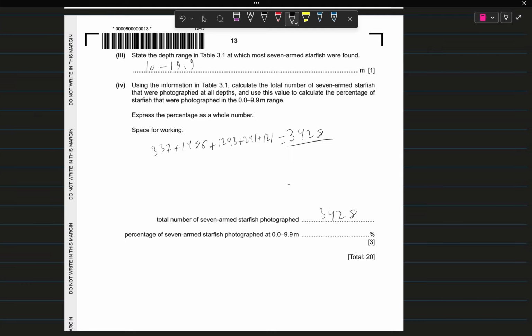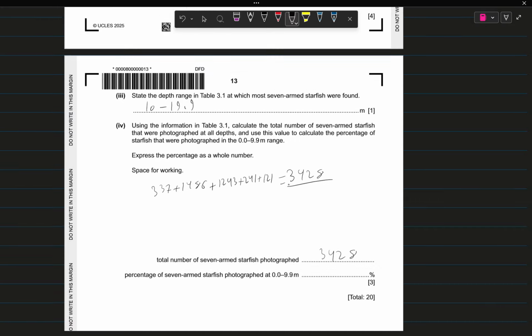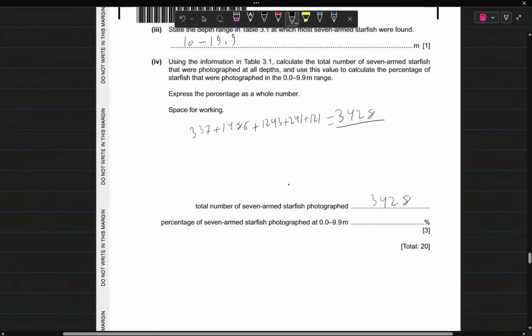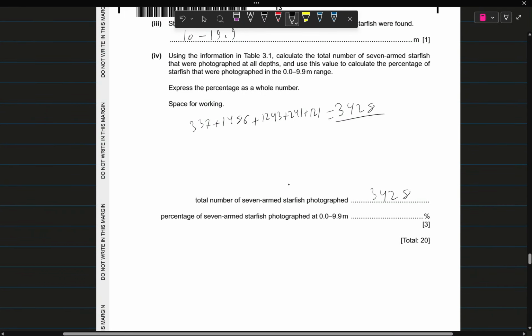But for the percentage of 7-armed starfish photographed at 0 to 9.9, essentially what you have to do is find the fraction of 337 compared to the total. And the way you do that is by dividing them simply. So 337 over 3428. And to get a percentage, you just multiply by 100.